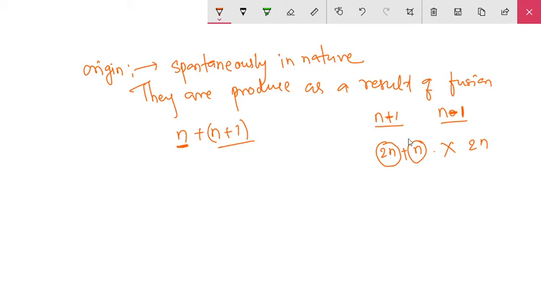Okay, 2n when it is crossed with the, sorry, it is not the case. Okay, so n plus 1 when these unite, they produce the triploids, no, trisomies.